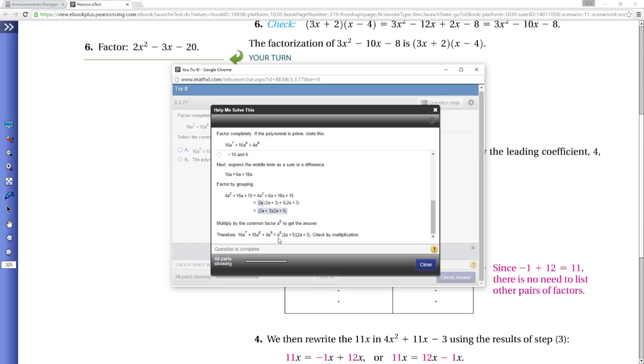And if I multiply these three factors out, what I would probably do, just so we can use FOIL and it's something we're a little more comfortable with, I'd probably multiply these two binomials first and then multiply by that common factor. You can do it in any order you want, but that's probably the least amount of effort. Okay, so I end up with that factorization of this polynomial.